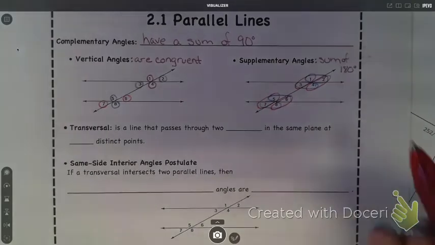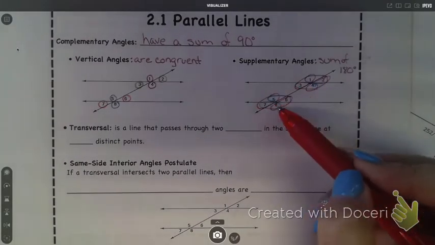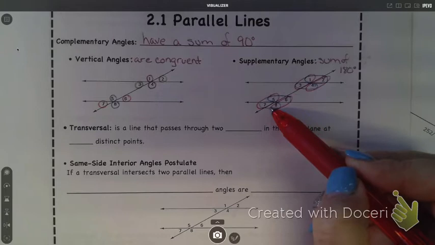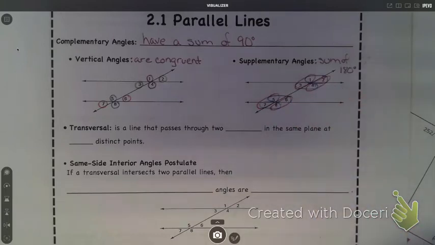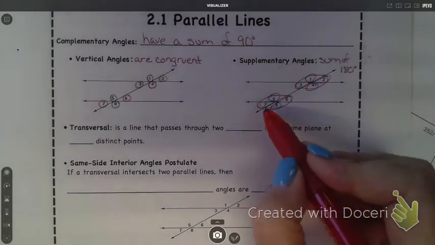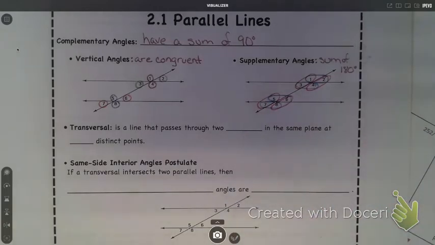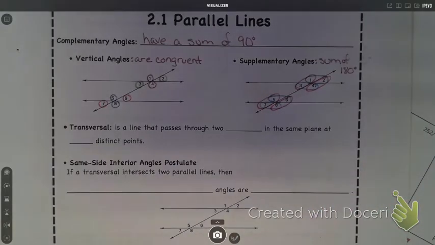So we have 8 sets of supplementary angles, don't we? Yes, we do. Now, vertical angles could also be supplementary if they were both 90. But these we know are supplementary because they make straight lines, those linear pairs.